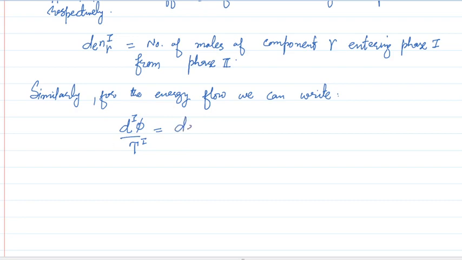So we will write it as dE1 upon T1 plus Di first upon T1. Sorry, we are splitting the first phase only, so it will be Di first. So this is equation again.